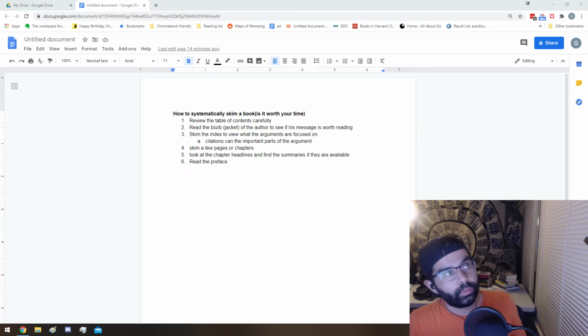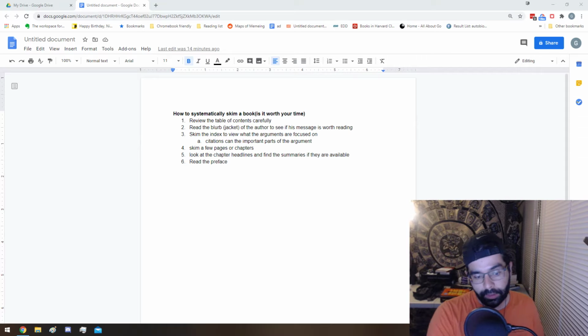So what we could do is look up a reference that is important to us and then go straight to those pages, so we can find the vital information in this book a lot faster than if we were to just sit down and read from beginning to end, because we won't always have that time available to us. As well as the citations in the book itself, because the citations at times will tell you where the important arguments are located. So that's also a time saver.